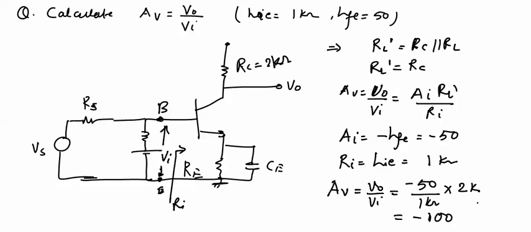Now if in this example it was asked to calculate voltage gain AV equal to V naught upon Vs, then the calculation would be different.